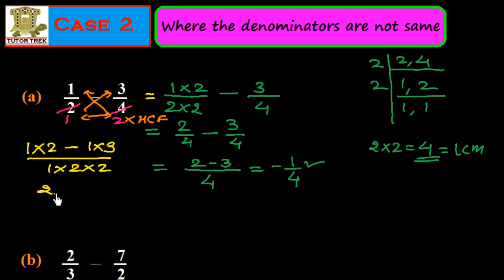So we get 2 minus 3 over 1 into 2 into 2, which is 4. So it is minus 1 over 4. It is the same as we found through the LCM method.